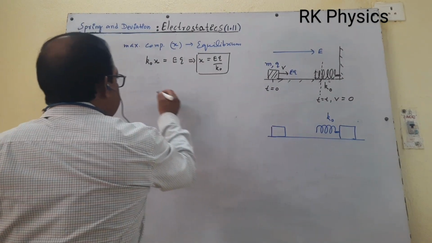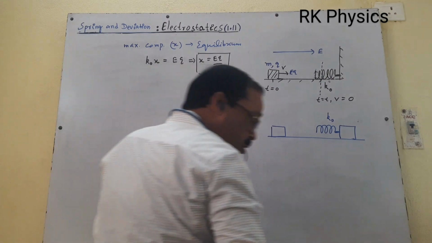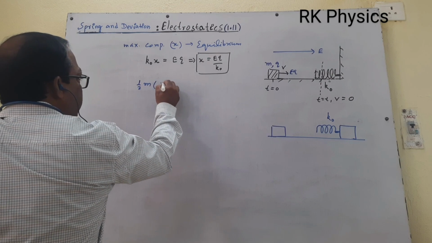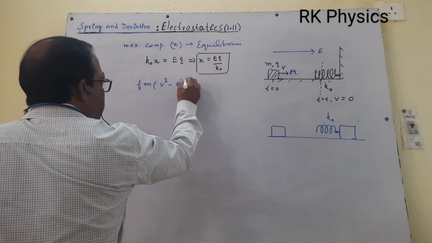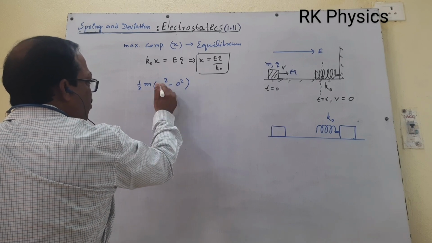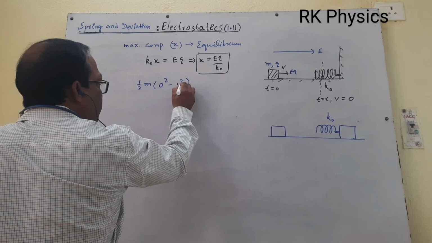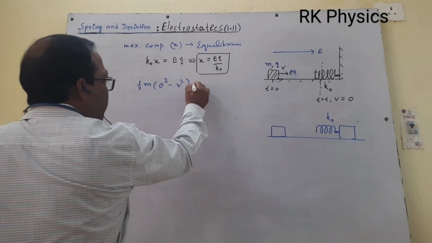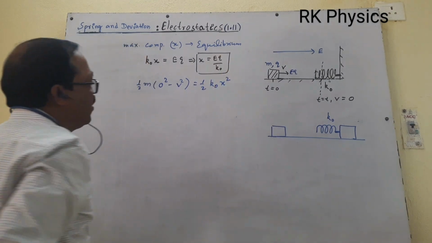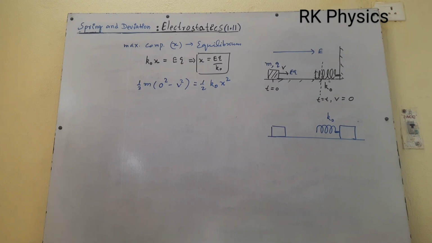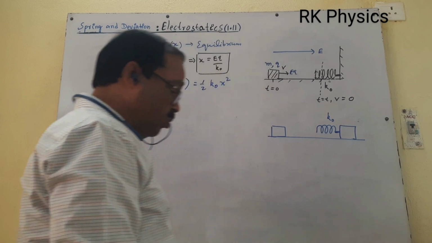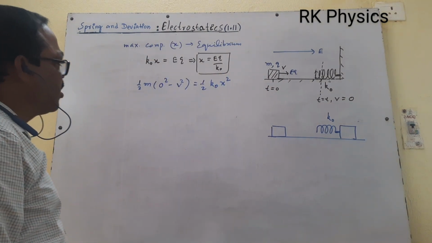Now you can use energy conservation: half m into v square minus 0 square, this is final K and this is initial K. The loss of kinetic energy equals half K naught x square, which is the gain in electrostatic potential energy.